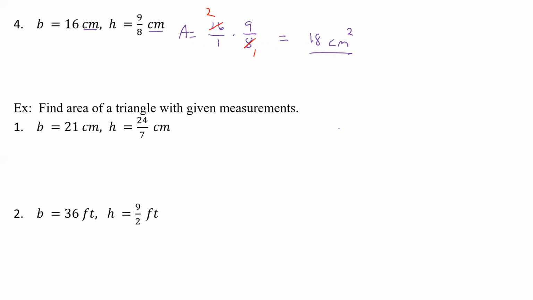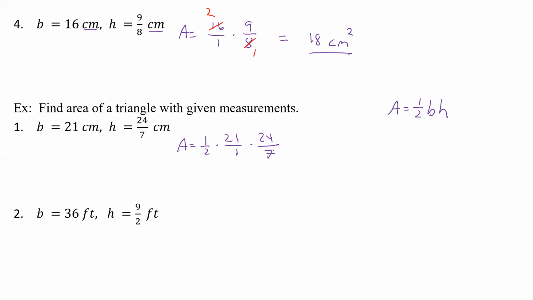Now we're working with triangles. Now remember, triangle area is equal to 1/2 base times height. So now we have a third fraction already put in there, and then we'll take it times 2 other fractions. So we're multiplying 3 things now. And so for this one, we have area is equal to 1/2 times 21 over 1 times 24 over 7.